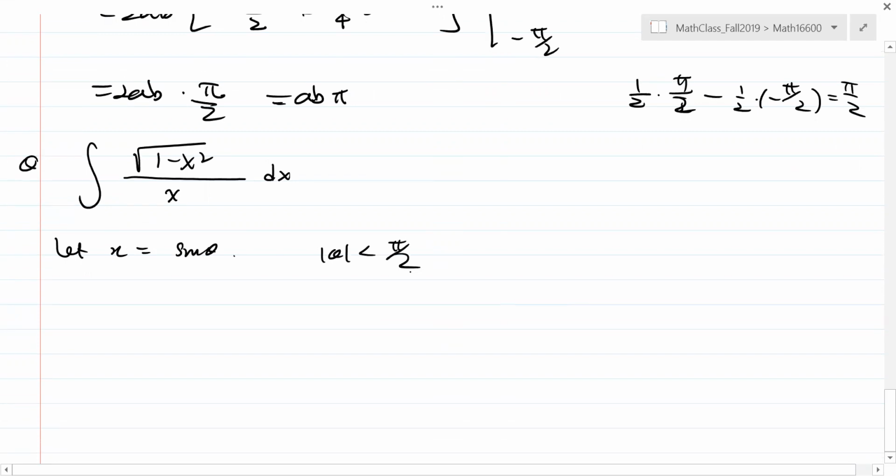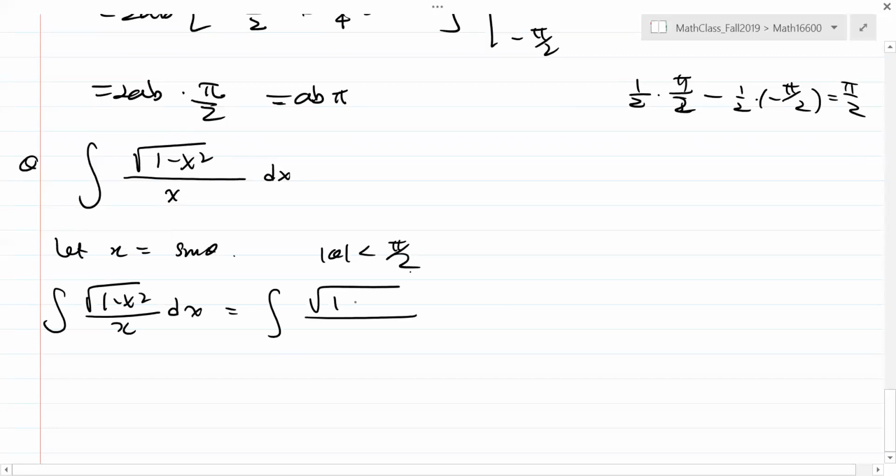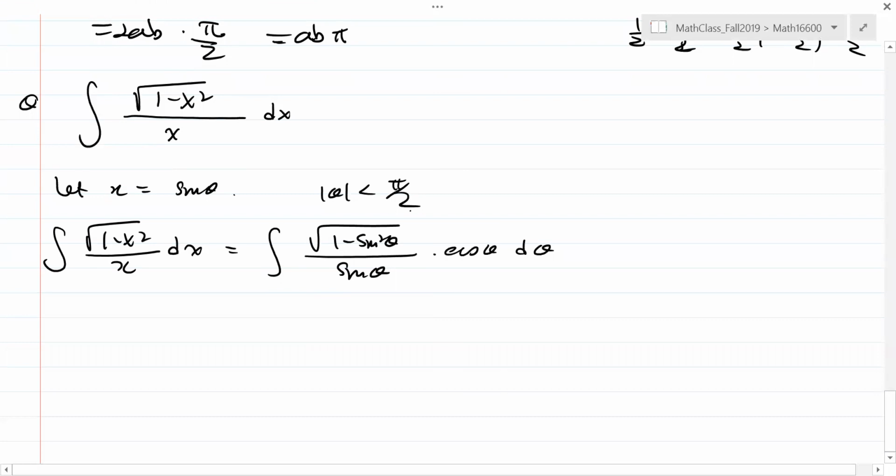All right, so the integral becomes 1 minus sine squared theta, here's a sine theta, and dx is going to be cosine theta d theta. So you will get cosine squared theta over sine theta, d theta.